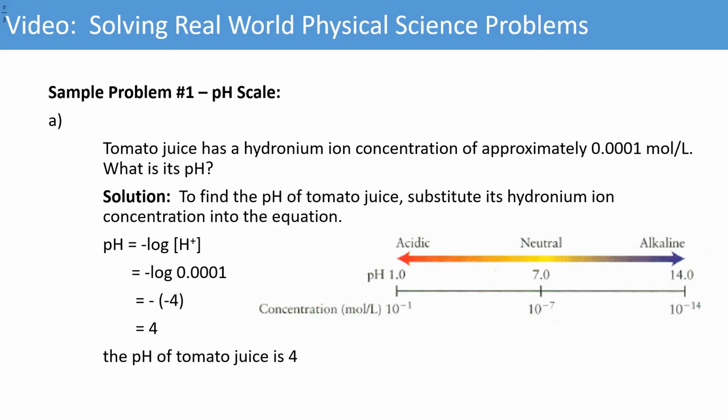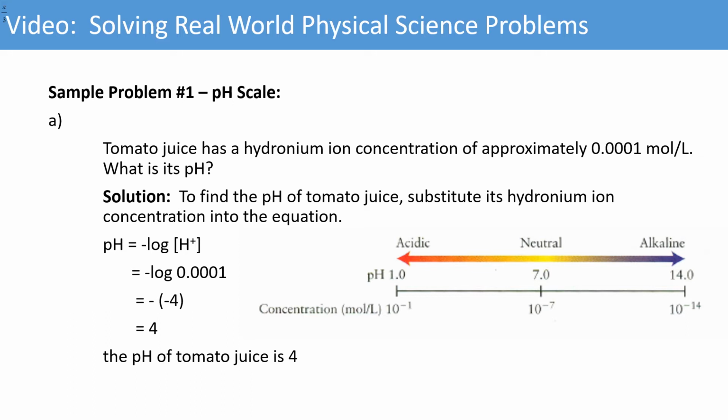Tomato juice has a hydronium ion concentration of approximately 0.0001 mole per liter. What is its pH? The solution. To find the pH of tomato juice, substitute its hydronium ion concentration into the equation.